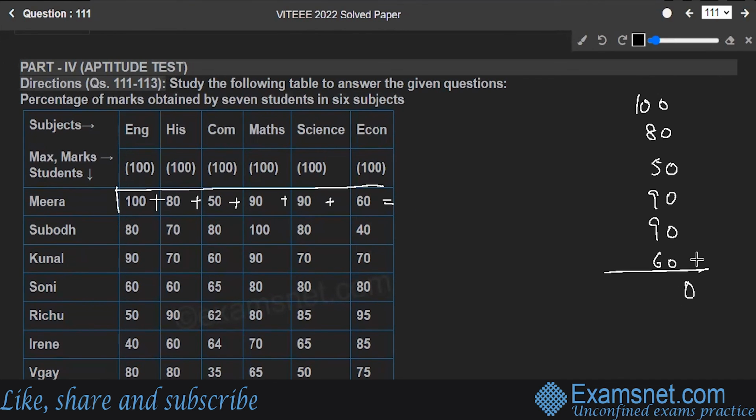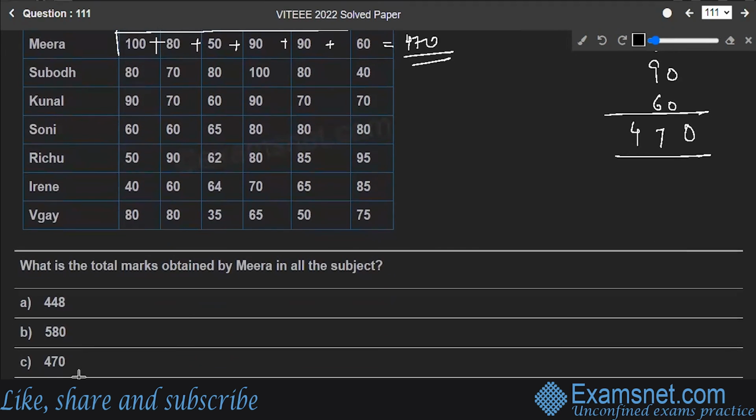So this is 470. This is the answer to the question. Let's check. You have option C as the correct answer. Hope you understood this. Let's move to the next question.